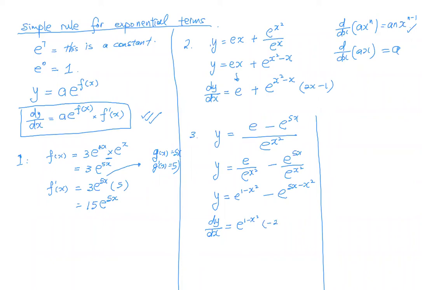Good. Take away E to the power of 5x minus x squared, and multiply by 5 minus 2x. Okay, so that is how you differentiate.